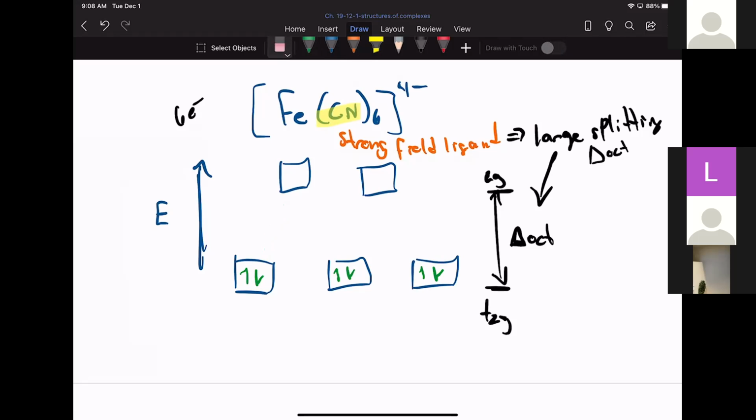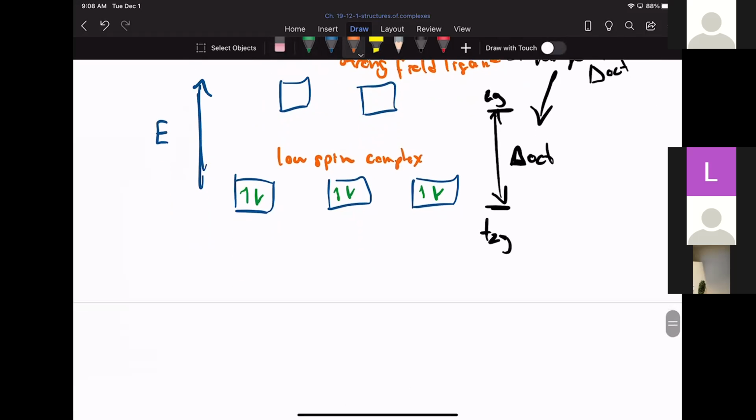So this is what we call a low spin complex. And what comes from a low spin complex is that it minimizes unpaired electrons.